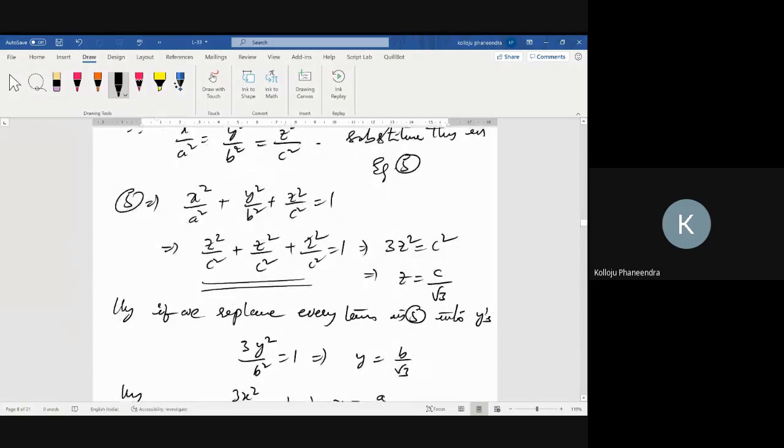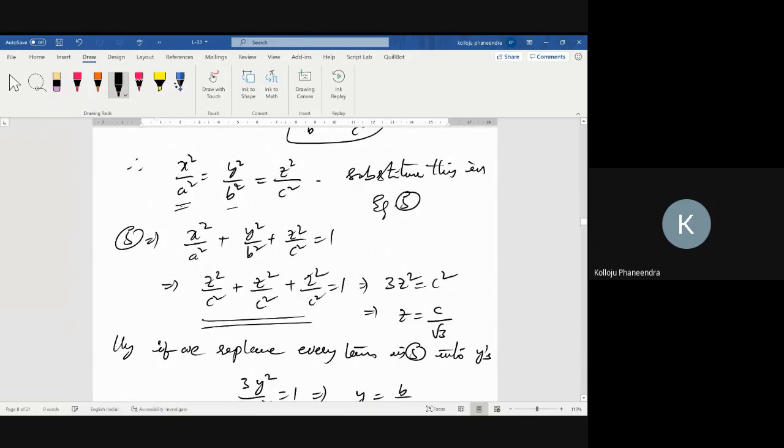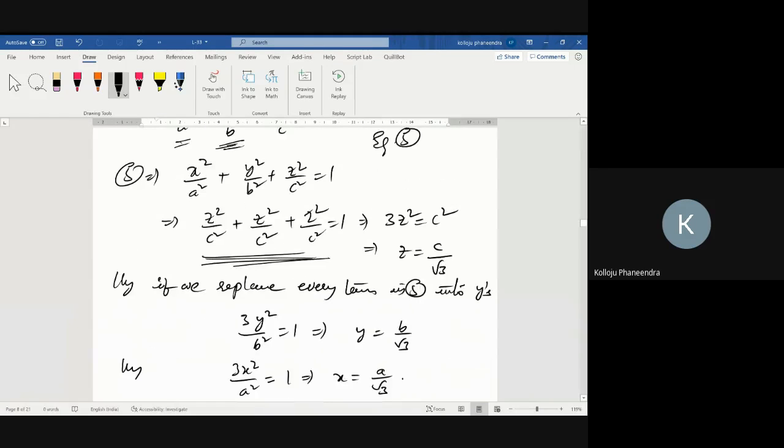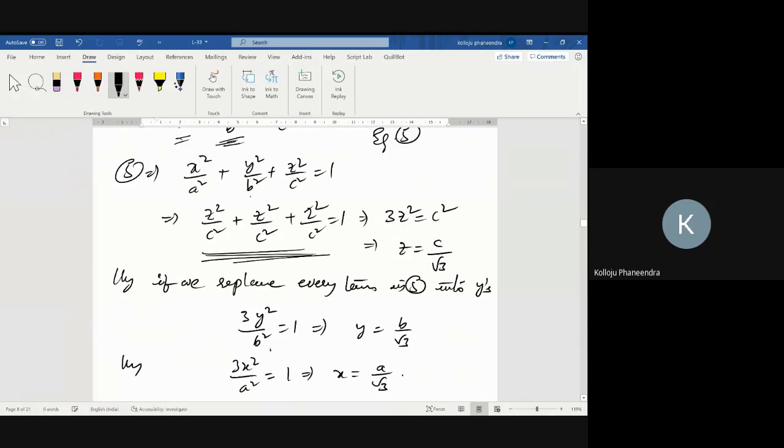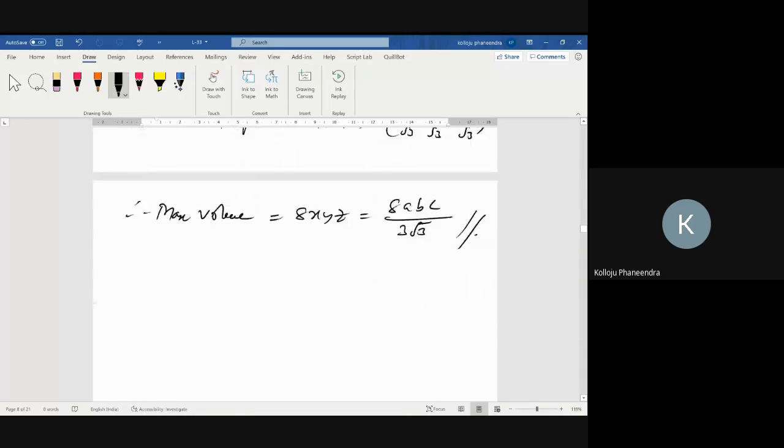One time you replace x square by a square, y square by b square in terms of z, everything in terms of z. Next one, replace x square by a square, z square by c square in terms of y. Then you will get this 3y square by b square. Then put y square by b square, z square by c square equal to x square by a square. Then you will get this 3x square by a square equal to 1. Okay. This is one model.